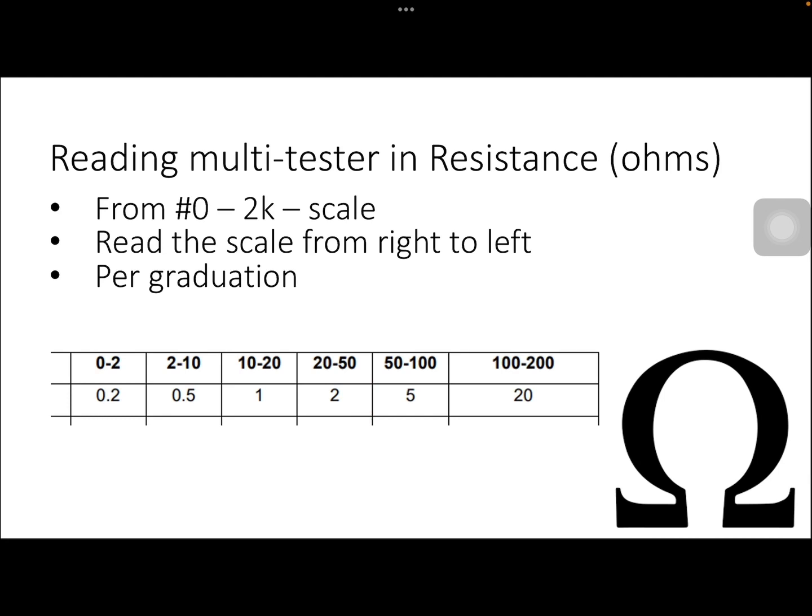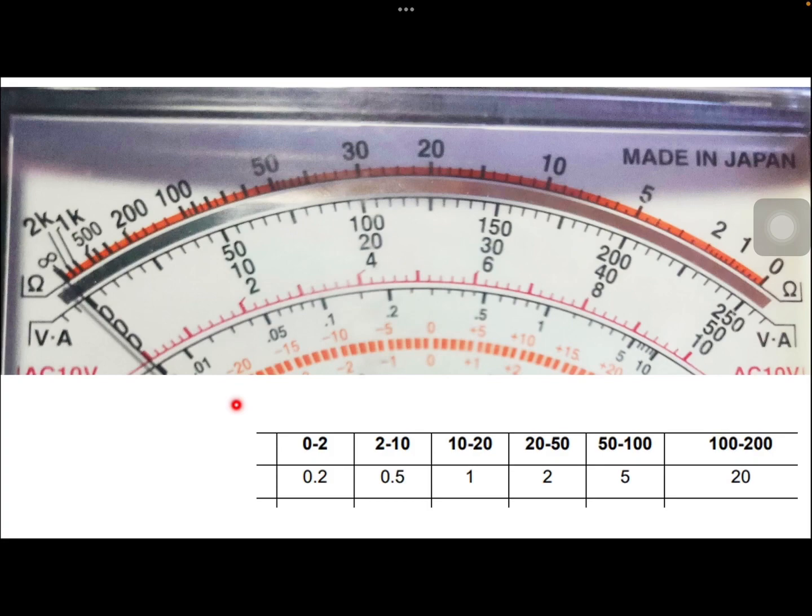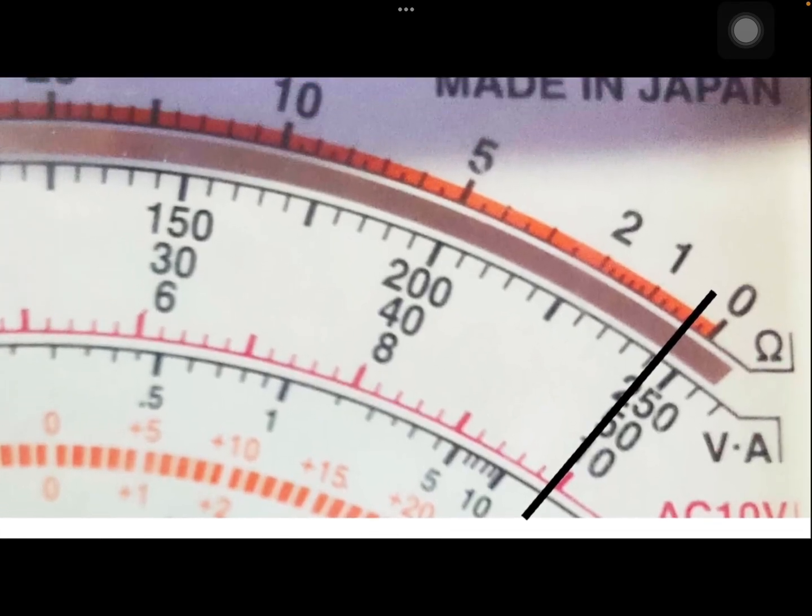Sige, para mas maintindihan natin kung ano yung pinagsasabi ko, let's start from range 0 to 2. Ilalagay ko dito sa baba ang table para guided kayo. So, assuming that your pointer points in this section. Dito tayo. So, pwede natin i-zoom in.